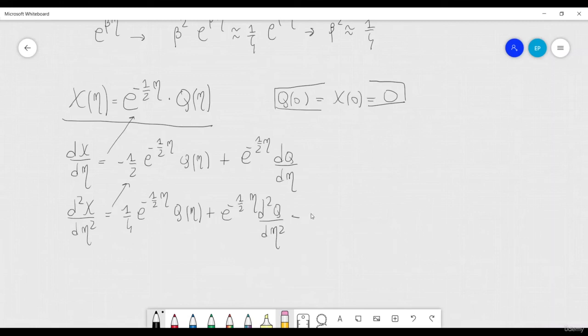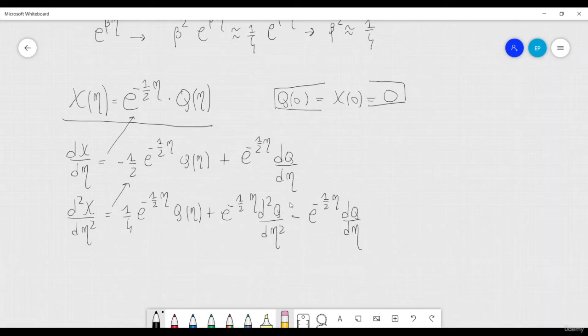It is minus e to the minus 1 half eta dq over d eta. So here I have simply done some algebra. In order to obtain this term, you have to take the derivative of this and the derivative of this, and then you add them, and you will find this term here.